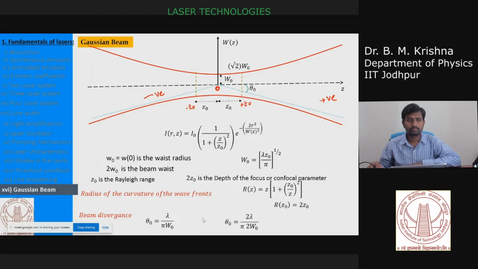If you remember, in the previous laser characteristics sessions we discussed lambda by d, it's close to lambda by d. So here I am multiplying with a factor of 2, 2 lambda by pi times 2 omega naught. Your 2 omega naught is almost your diameter at the focal spot, this is your beam width, right? So now you get 2 by pi times lambda by d, almost, right? So this is the beam divergence of your Gaussian beam.